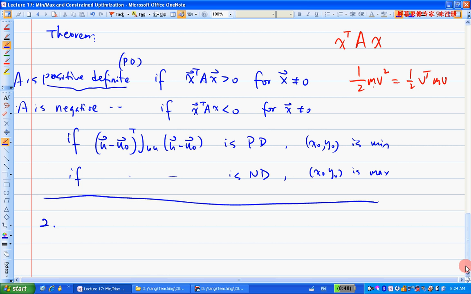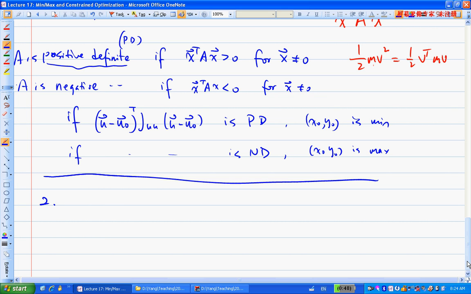Then it comes to the second one here, which is a more general situation. That's what we call constrained optimization. Here I'm going to introduce a concept called the Lagrange multiplier.